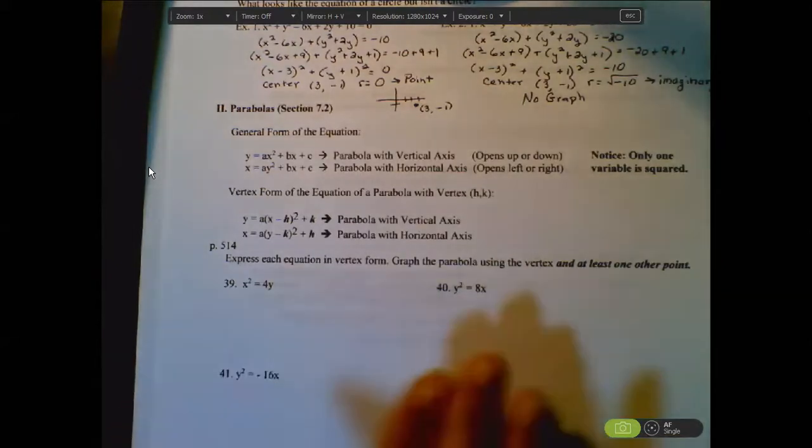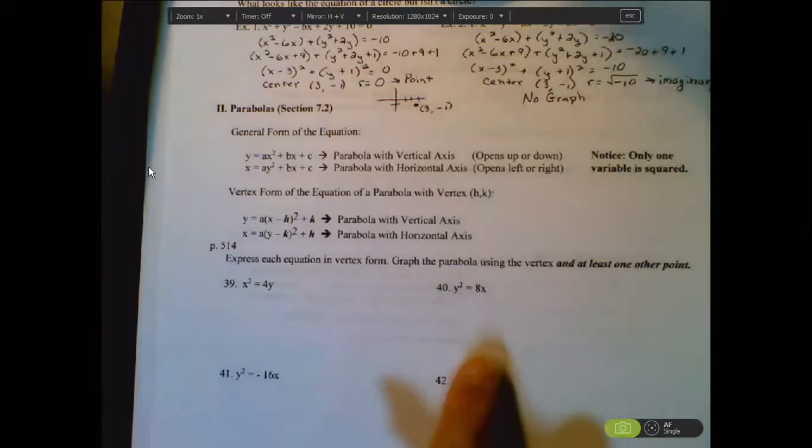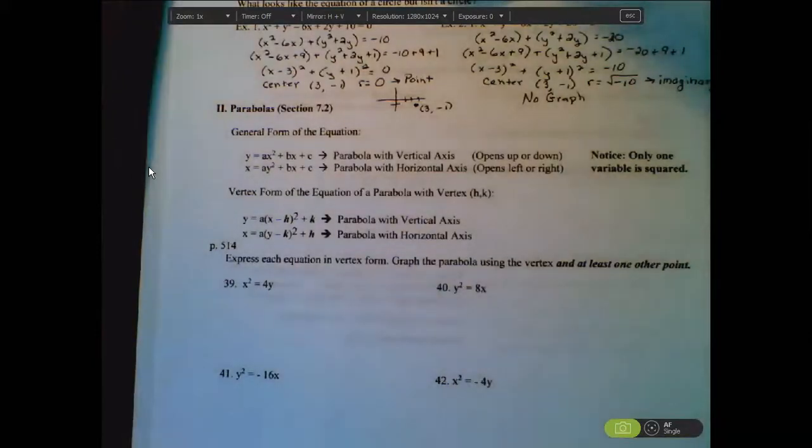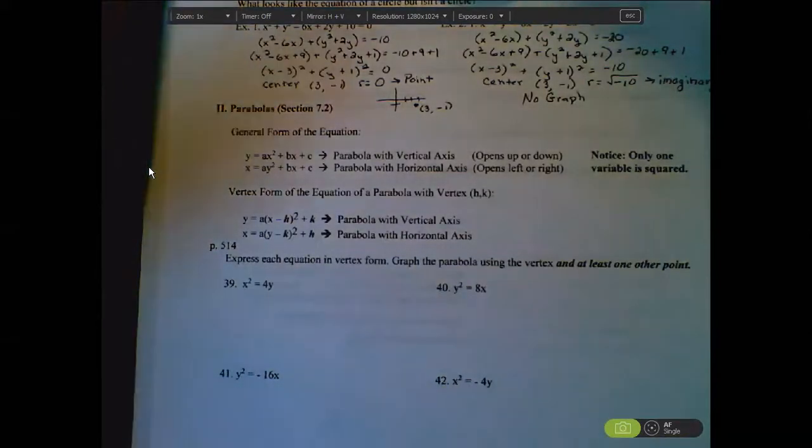So how do we tell? Looking at number 39 and 40, how do we tell whether it's going to be vertical or horizontal? If it's x squared, then it's vertical. Right, because y equals x squared.